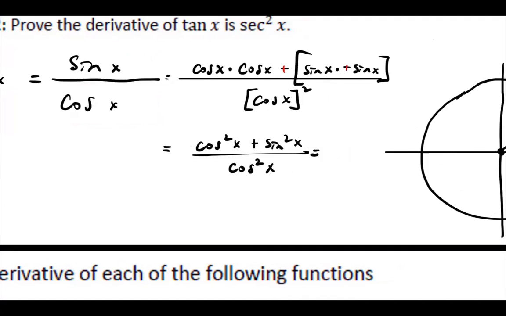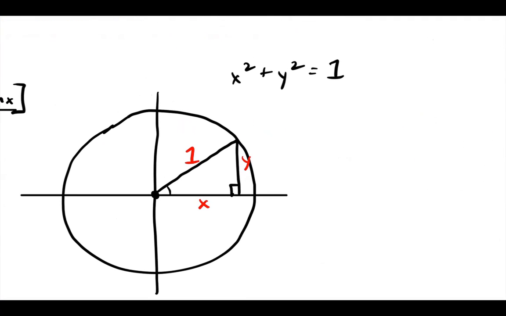Sine was Y over 1, right? So if cosine is X, let me plug it in there. And if sine was Y, let me plug it in there. You just substituted them. So now cosine of X squared plus sine of X squared equals 1.